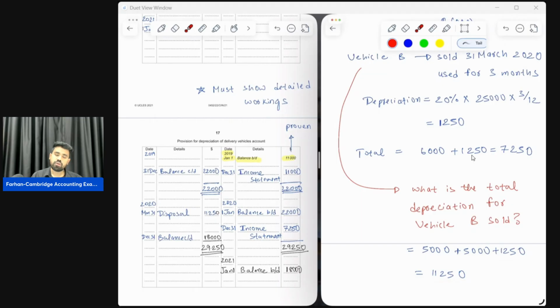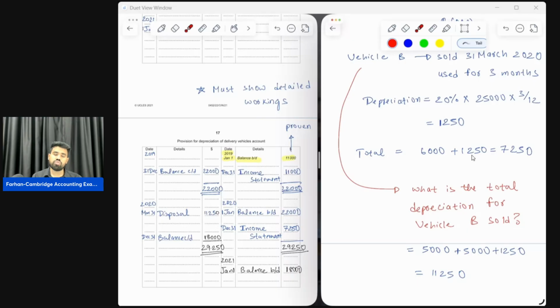Every time an asset is sold, what happens? The first effect is to remove the cost component from the total cost shown for assets, and then to also reduce the relevant depreciation by the total depreciation for the asset which we have sold. So we understand that in the provision for depreciation account, there is no point of keeping the records for this asset in future years.